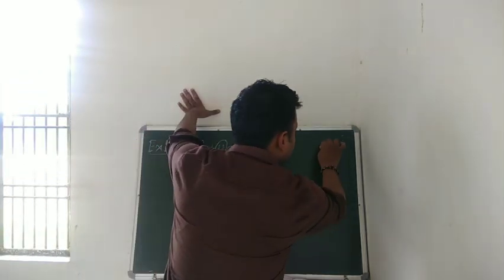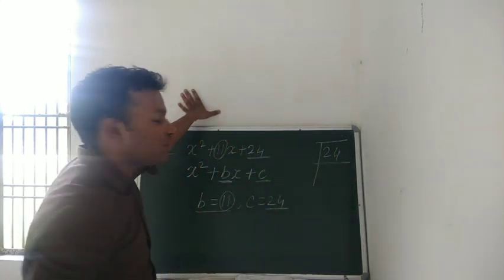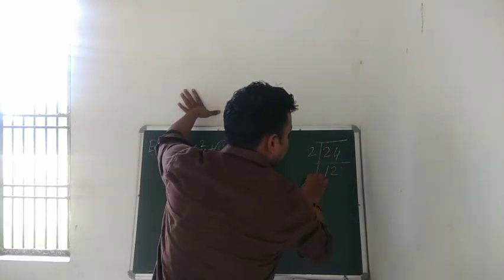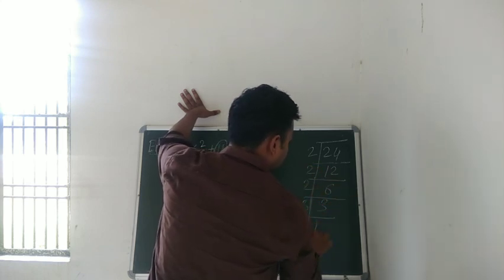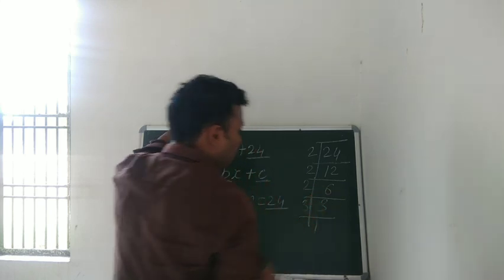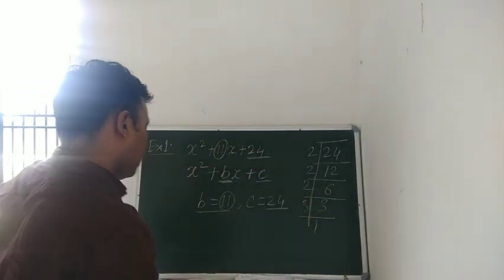So for that we will factorize 24 by the traditional method, and you will get factors like this: 2 into 2 into 2 into 3. Now we have 1, 2, 3, 4 factors, but we require only 2 factors.